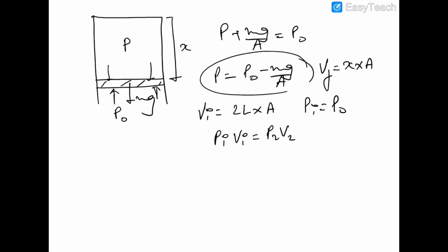So P initial is P naught, V initial is 2L into area, P final is P naught minus mg by area, and V final will be x into area.